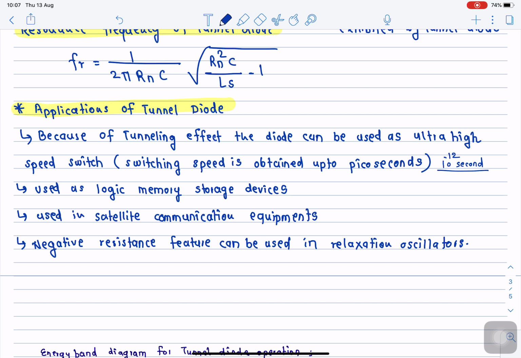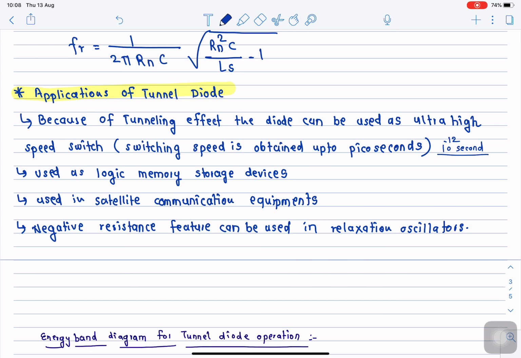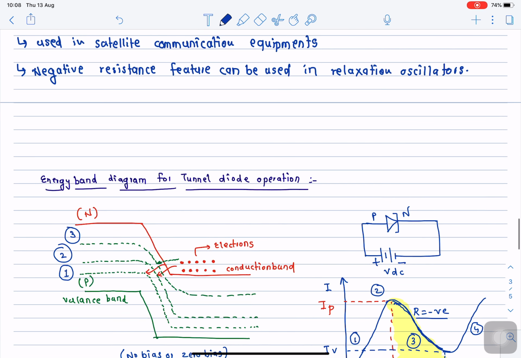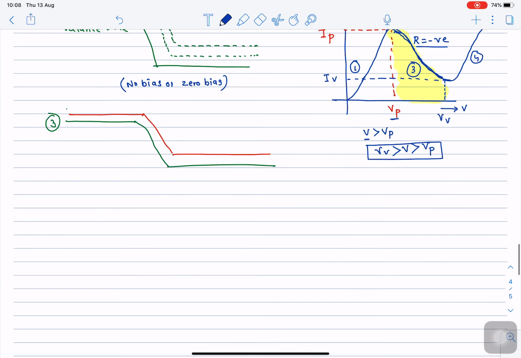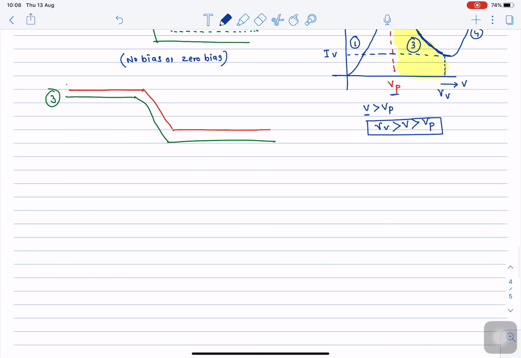So this diode can switch on and switch off at the rate of 10 raised to minus 12 seconds, and thus it is a very good application in microwave and signals greater in frequency than microwaves also. It is used in logic memory devices and storage, it can be used in satellite equipment, and the negative resistance feature can also be used in a relaxation oscillator.